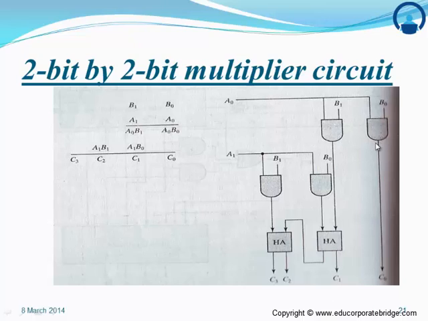Similarly, the output for this NAND gate will be A0 into B0. So the 2-bit by 2-bit multiplier circuit works in the form of a half adder. That is, it will give a carry when it has a carry, and if there is no carry, then it gives us the 0 carry.